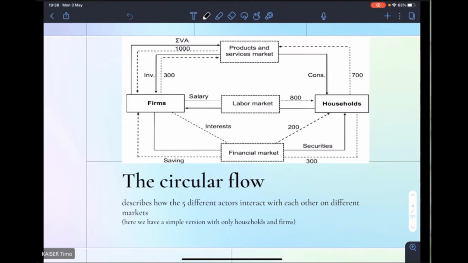Maybe we will have a look at it later on in the semester, maybe not, but we'll see. Something also important to remember is that from this circular flow we can find GDP. We will look at GDP more in depth afterwards, but I think all of you are familiar with GDP, so I can say now how you can interpret this circular flow.